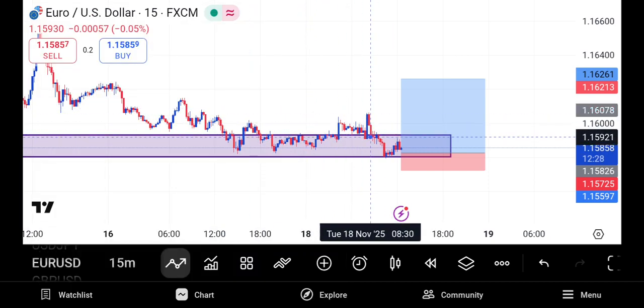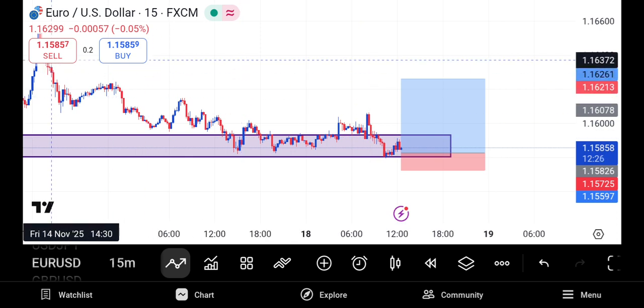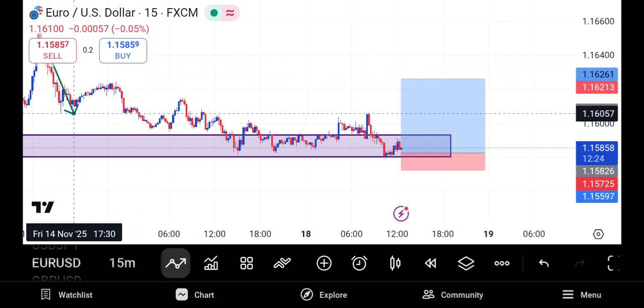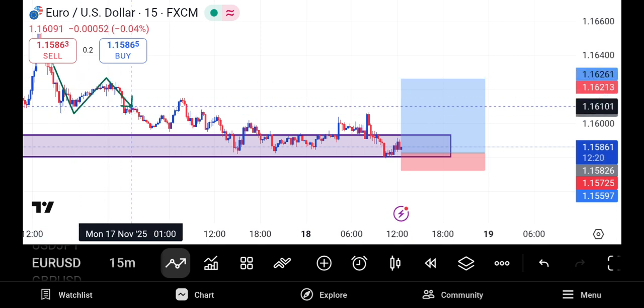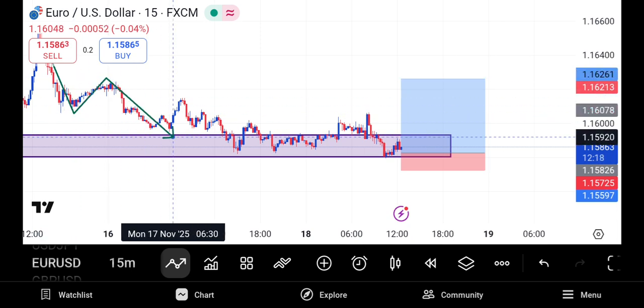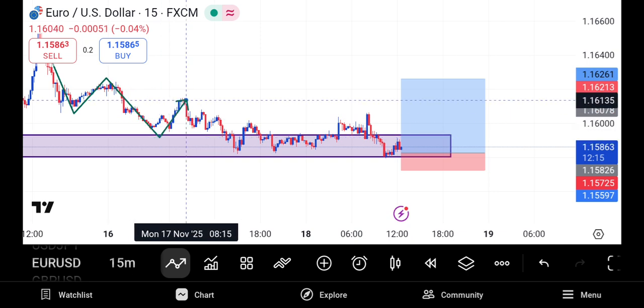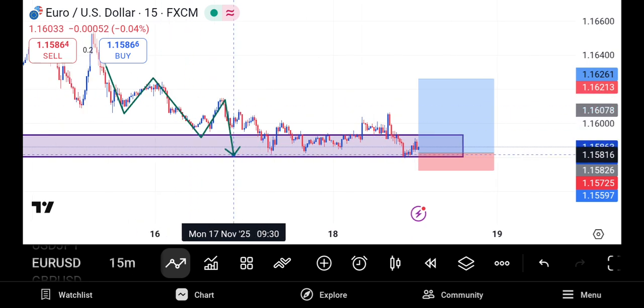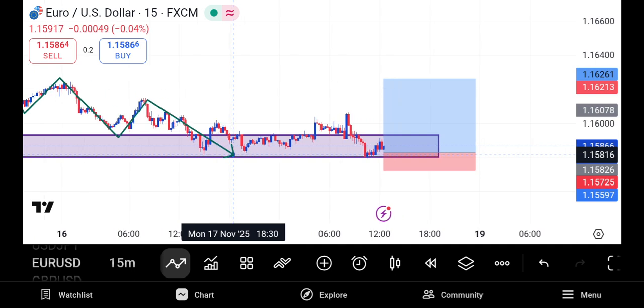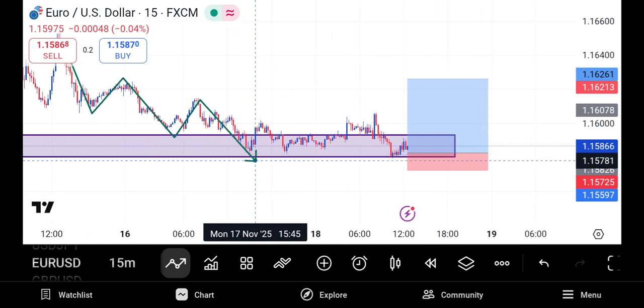Y'all can see we've been consolidating for a while, created that lower low, lower high, lower low, lower high, lower low. And y'all can see that lower low too.